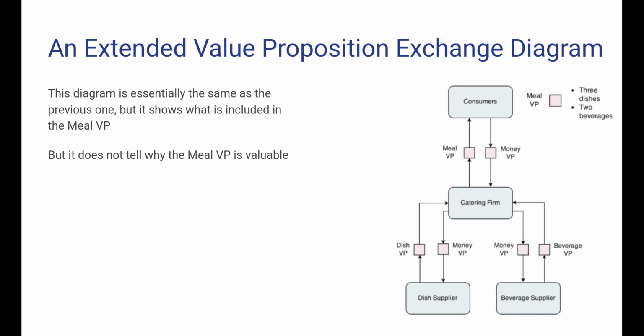It says what is included in each value proposition, but it doesn't tell why a value proposition is valuable, why a customer would really like to have exactly that value proposition. So we could try to extend it a bit more and also address the why question.